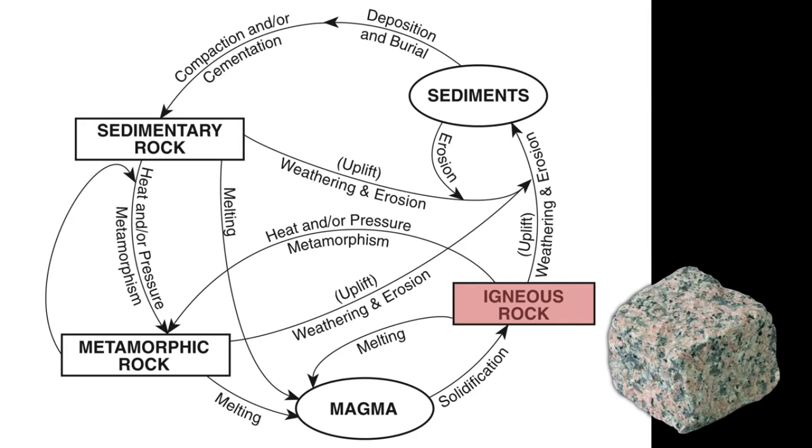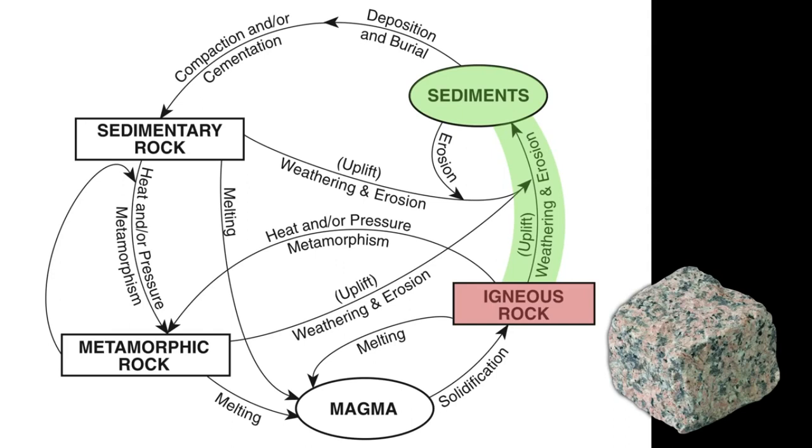The first thing that could happen is our granite could be lifted up, forced up from beneath the ground, where it's exposed to weathering and erosion. The wind, the rain, the ice, these forces break this rock down into small pieces called sediments.